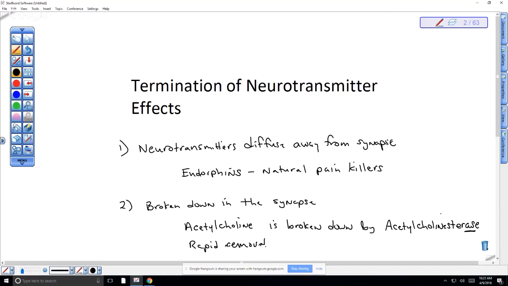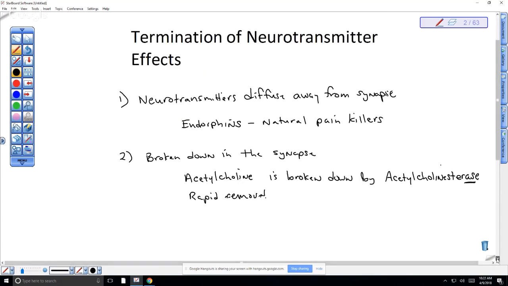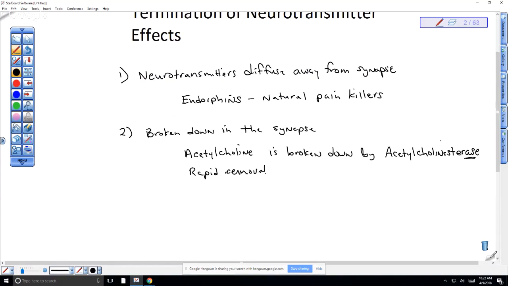Now, there are some chemicals that we have actually developed as nerve agents that we use in warfare and also as insecticides.